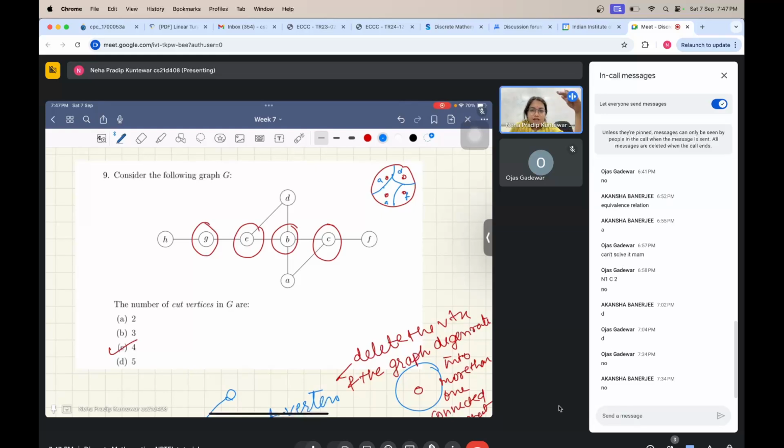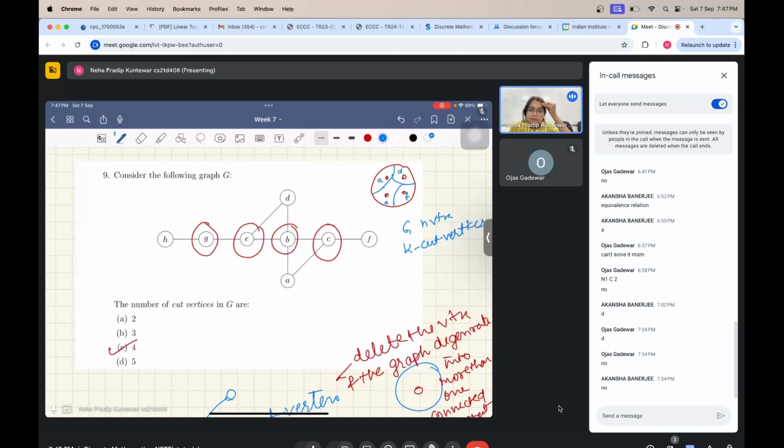Right. So I'll just ask some natural questions that one can ask at this point, which you need not answer. In general, let's say you have a graph G with n vertices, and let's say there are k cut vertices. What can you say about the number of components if you delete all the k vertices?